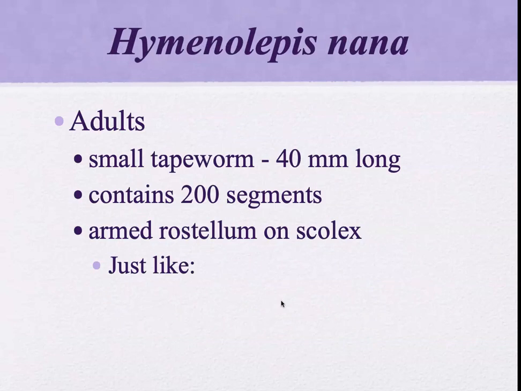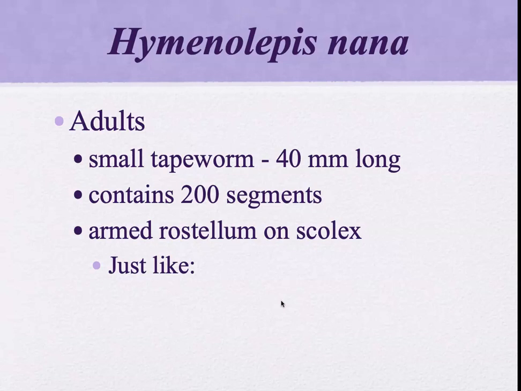So let's talk about what they look like. Hymenolepis nana, the scolex has an armed rostellum, just like what? What did we just talk about that also has an armed rostellum? It was Taenia solium. The next species, Hymenolepis diminuta, does not have an armed rostellum.